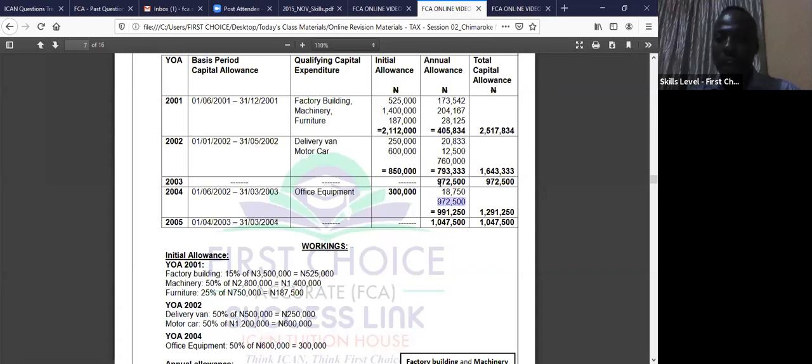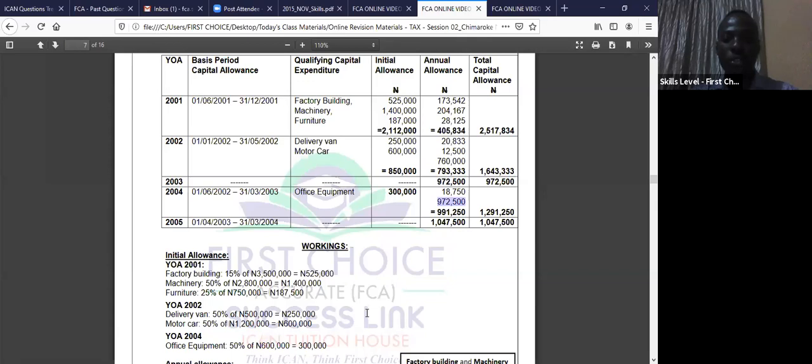This is the capital allowances figure, according to how the question is asking us here: compute the capital allowance due for the 5 years in respect of the qualifying expenditure.